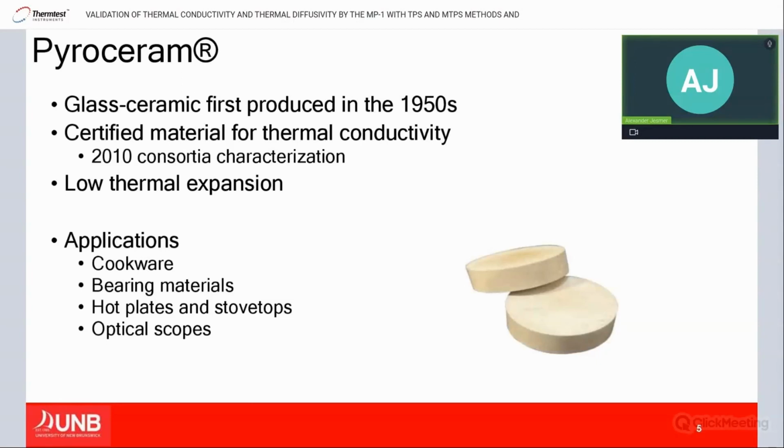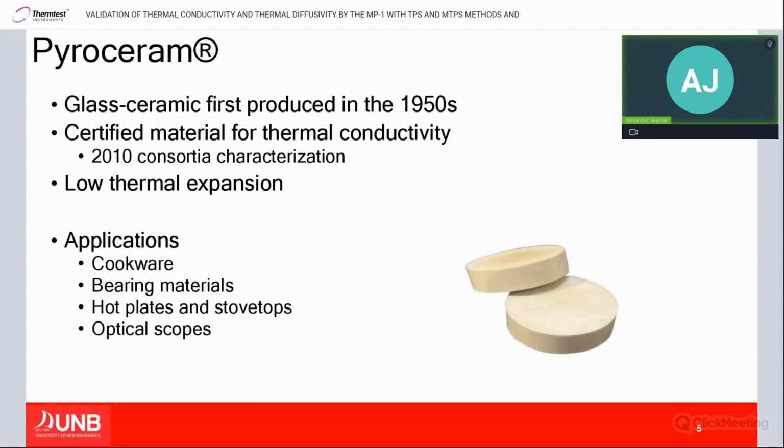And through that controlled heating and cooling of the glass, it produced this polycrystalline material that ended up being very useful and marketed as Pyroceram. So Pyroceram was used for a long time as an ad hoc thermal material for testing thermal properties or thermal instruments. And then it has more recently become a certified material that you can buy specific reference materials of Pyroceram.